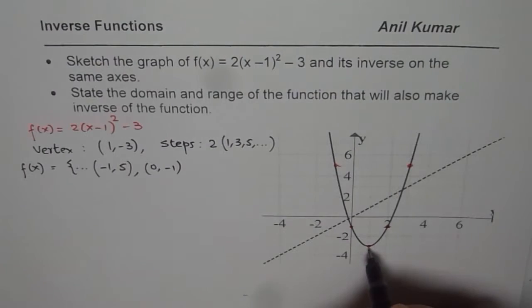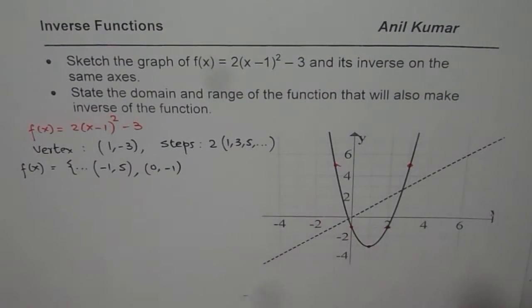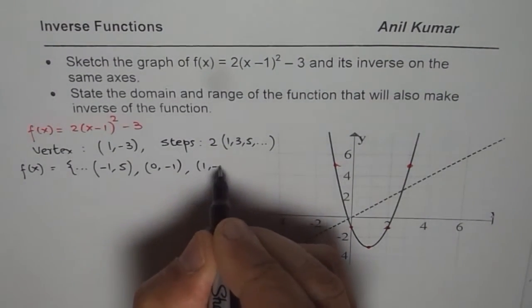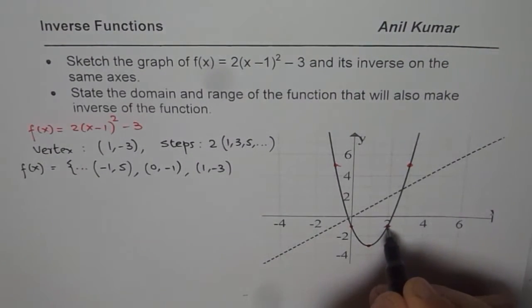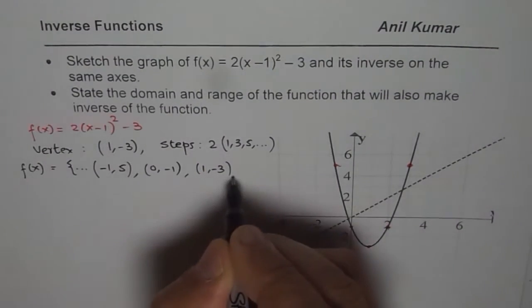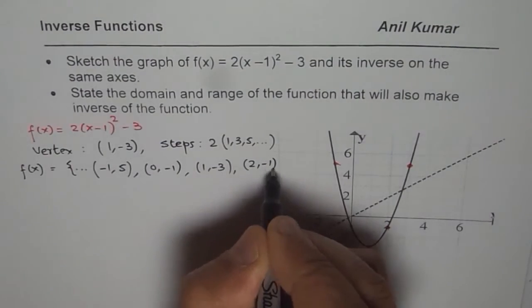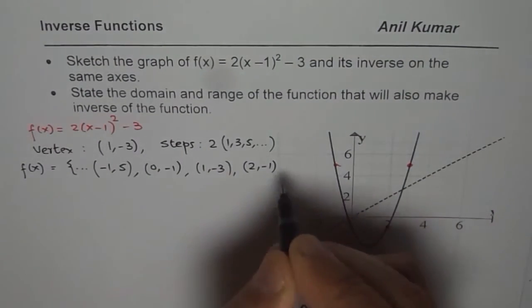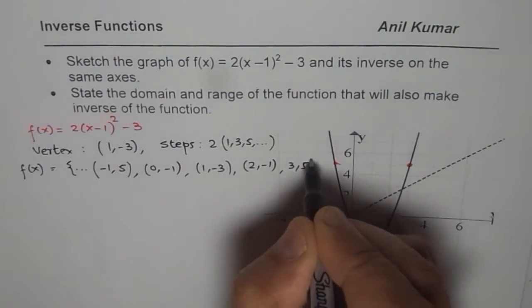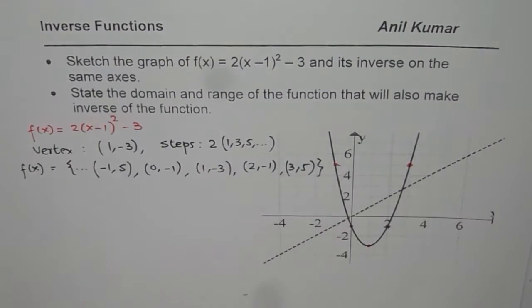And then the vertex itself, (1, minus 3). Then (2, minus 1) and (3, 5). So these are the points on the parabola.